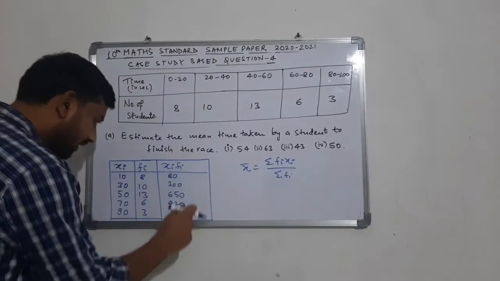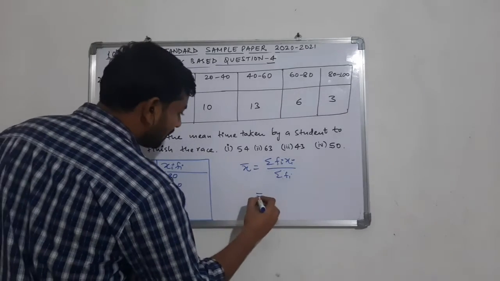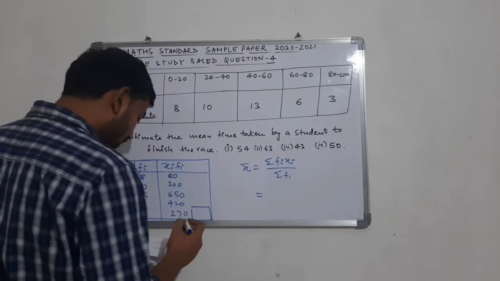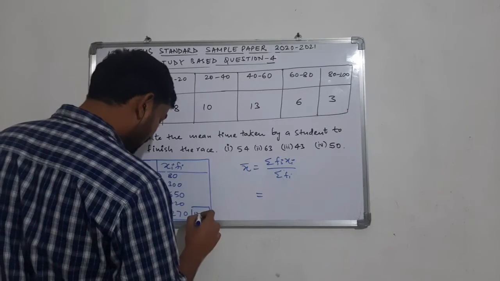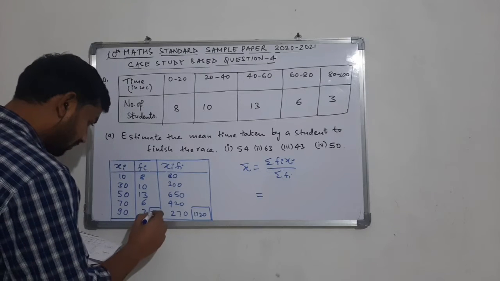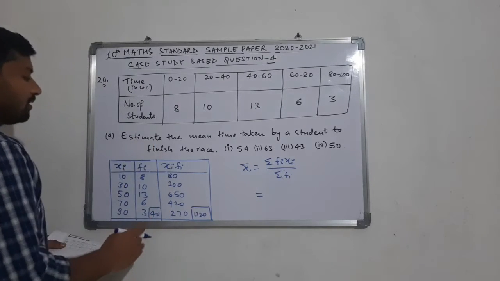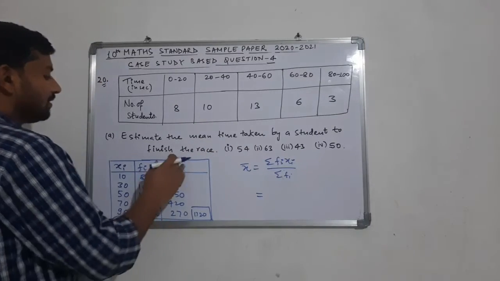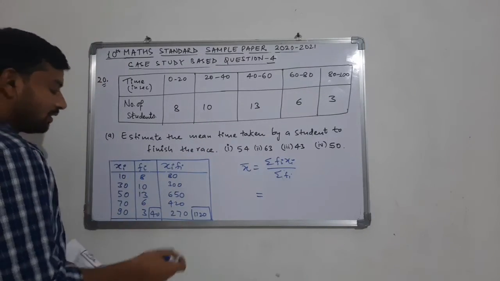The sum of all the fi xi values comes out to be 1720, and the sum of frequencies is 40, which we get when we add all the numbers of students.